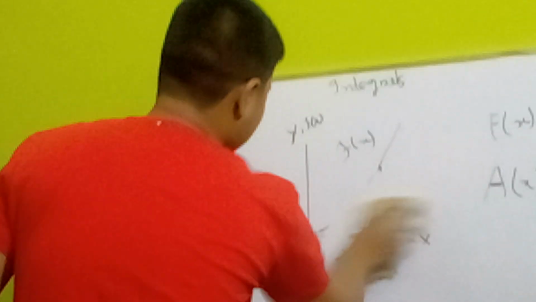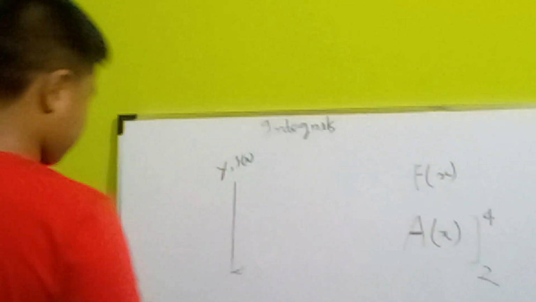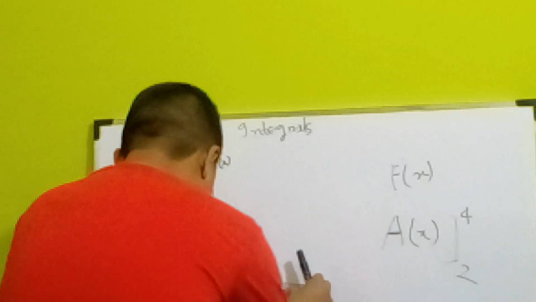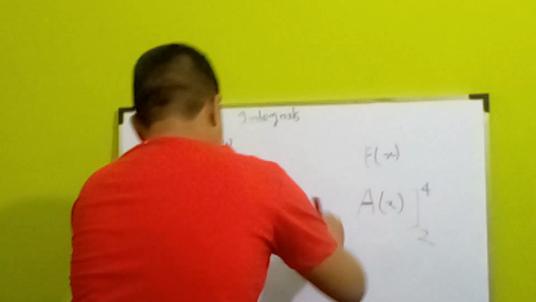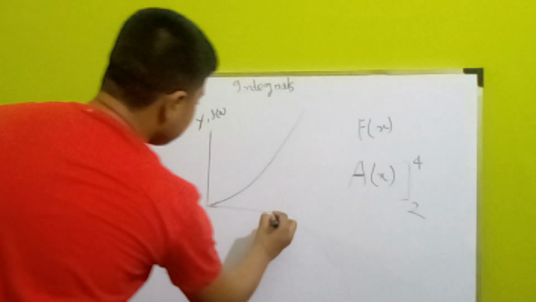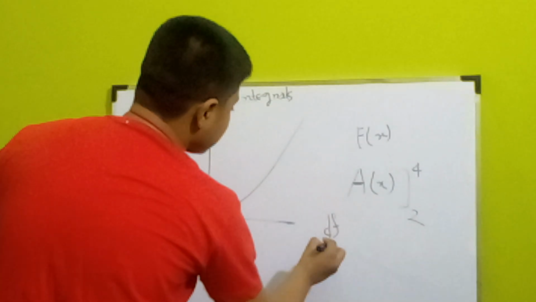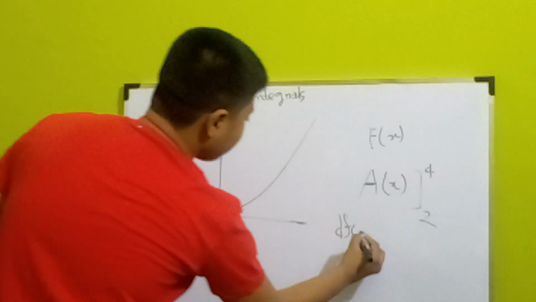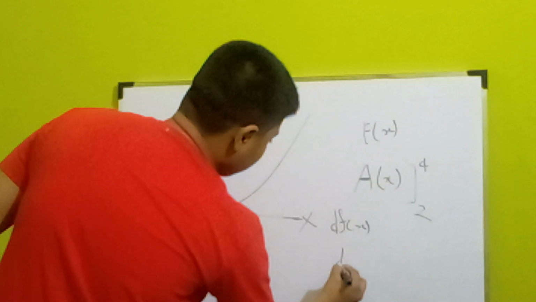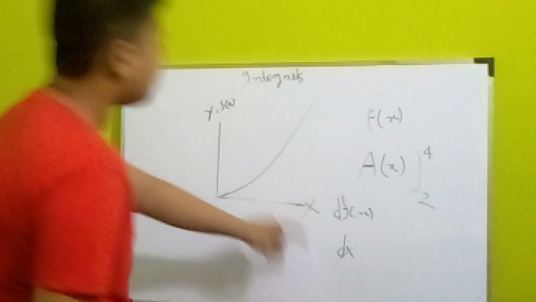So now let's talk about how do you compute them. In the previous video, I've also introduced a new topic, which is infinitesimal change in a function written as d of f of x, and infinitesimal change in x or dx. And this dx is the most useful thing here.